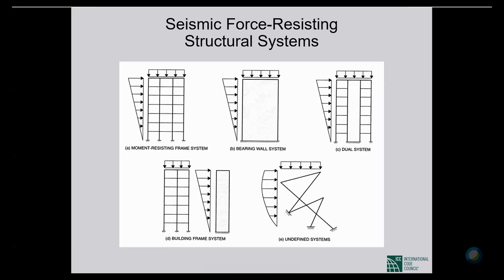Moment resisting frame system. Second picture shows you what is now called the bearing wall system. Shear walls by definition carry in-plane lateral loads in addition to gravity, in plane as opposed to out of plane. So in a bearing wall system, shear walls carry gravity loads, and the same shear walls also carry lateral forces due to earthquakes.